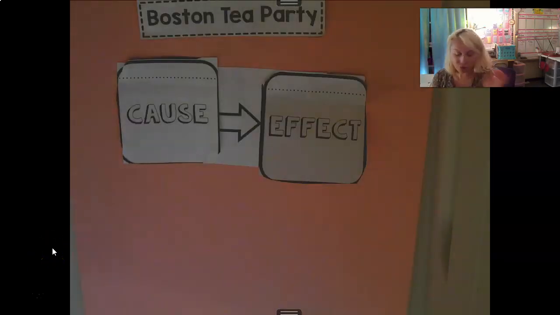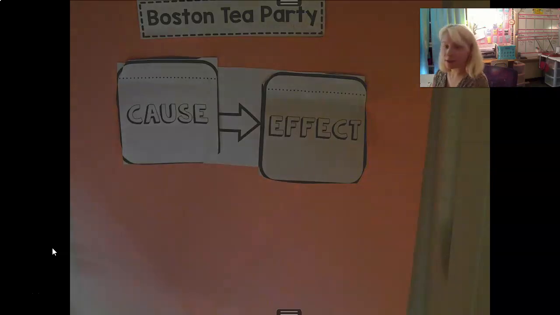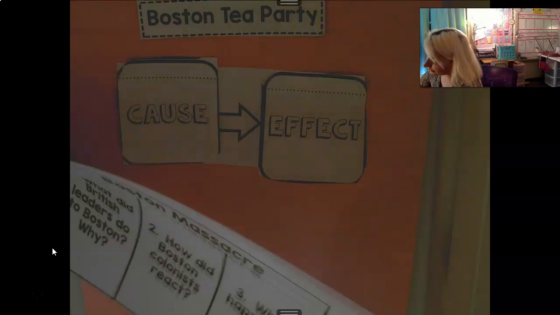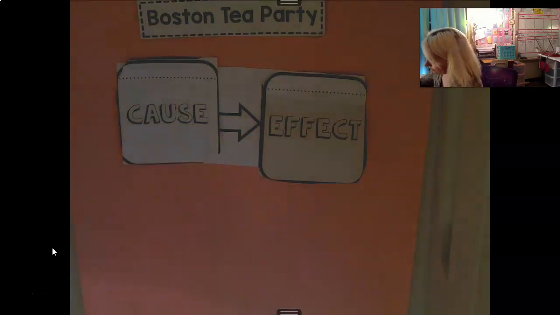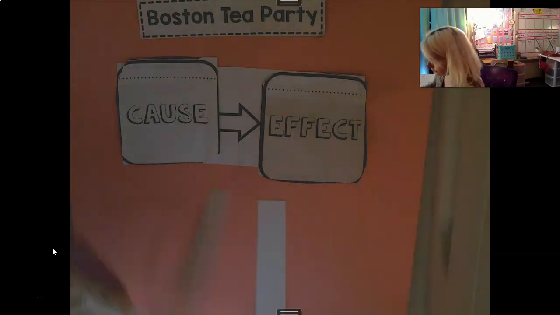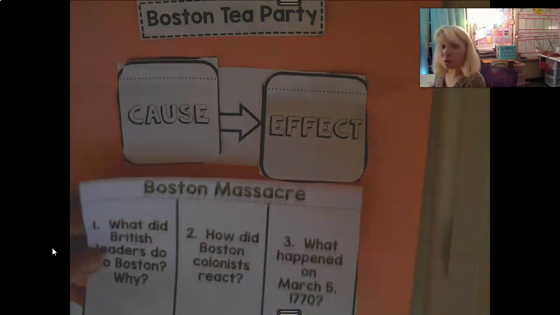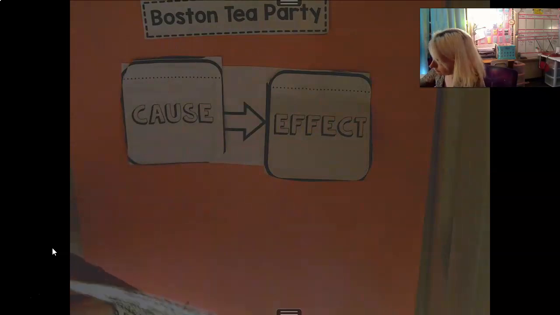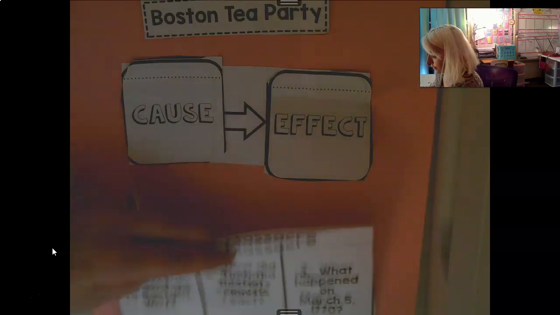Alright, let's move on to the Boston Massacre. Staying with Boston here. Remember, Boston was, still is a city in Massachusetts. Alright, so this is pretty straightforward. We're familiar with these. I'm going to cut out the large rectangle. Alright, and then I'm going to cut these little flaps into 3 sections.